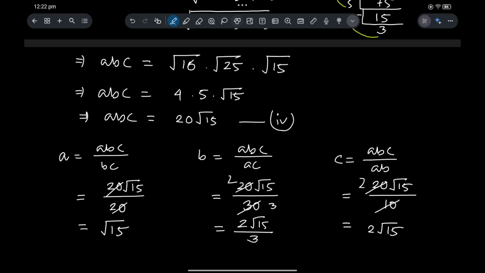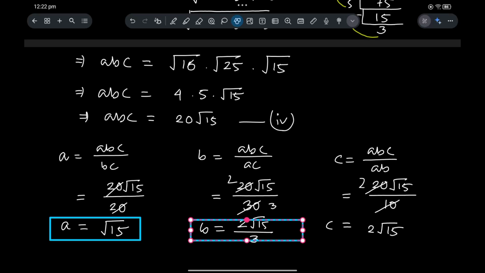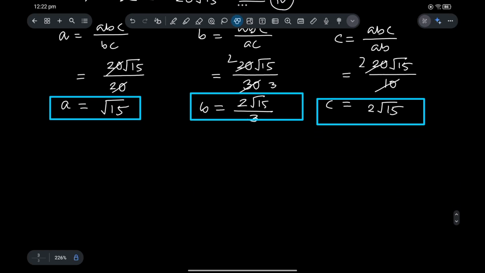Basically we get the value of A, the value of B, and also the value of C. Now we need to find A plus B plus C.